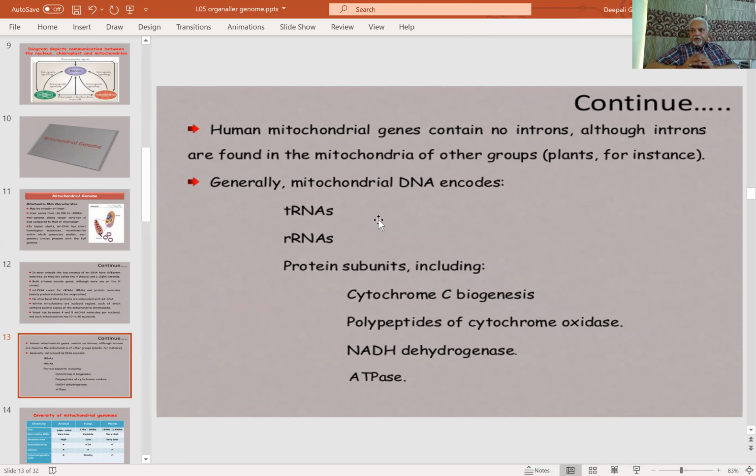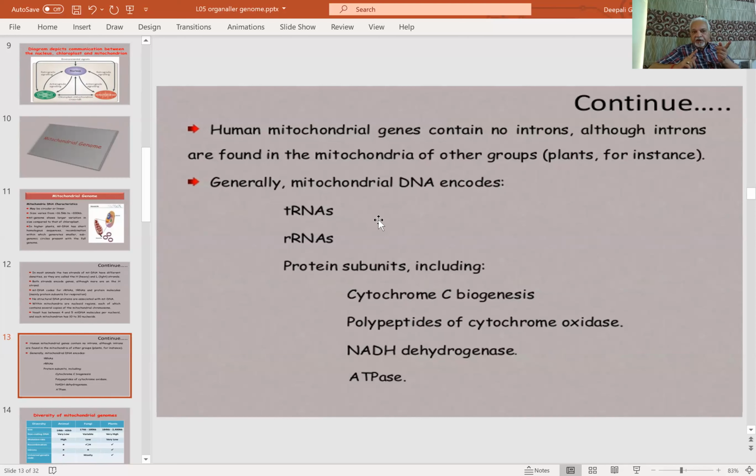For example, if we look at the human mitochondrial genome, it contains no introns. Mitochondrial genes do not have introns. Now, this is the striking difference between nuclear genes and mitochondrial genes.